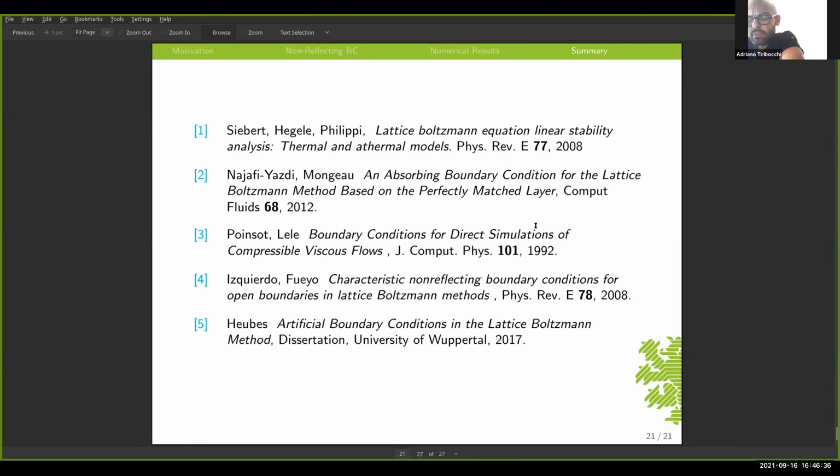There might be another question from Hosseini. Yes, there was a raised hand. Thank you for your presentation. I just had a question. If I refer back to the original paper by Poinsot and Lele for Lodi or characteristic space boundary condition, they essentially consider the eigenmodes and the propagation speeds of the eigenmodes in the system to let them out of the boundary. And in their system, it's a compressible flow.